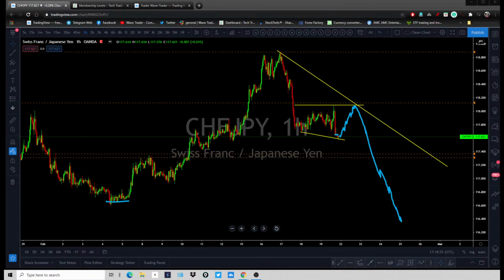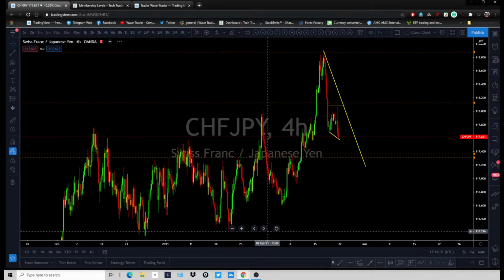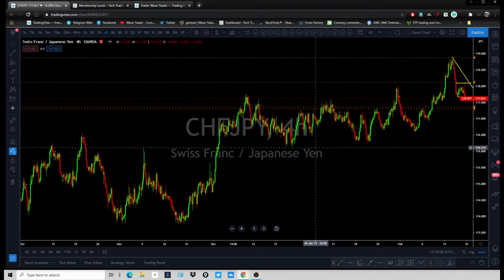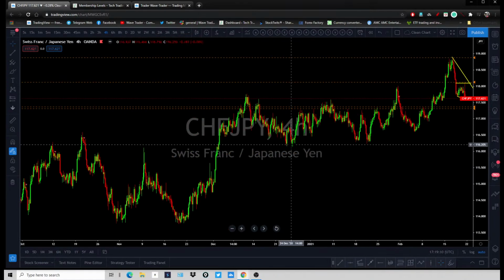If it is not pulling back, then look for it to keep dragging lower and correct one more time in a similar way, and then continue dragging lower all the way back to that low, or up to 116. It has the potential to go even lower than 116, lower than these lows.